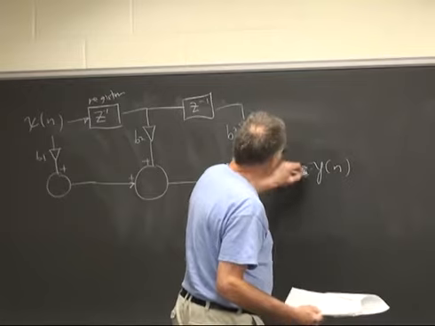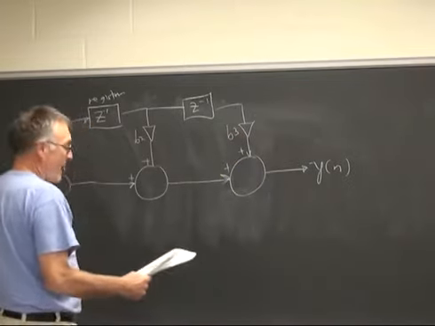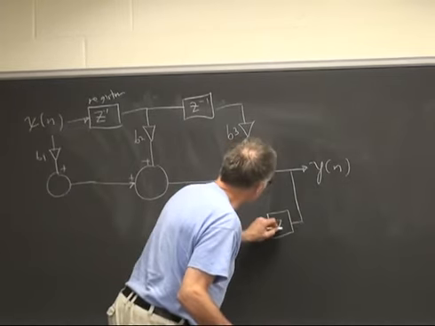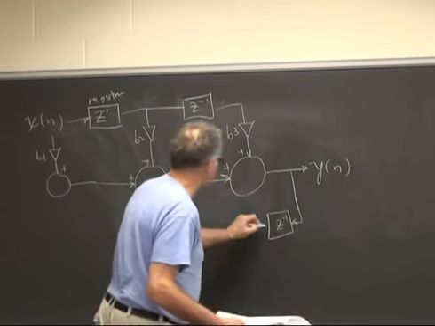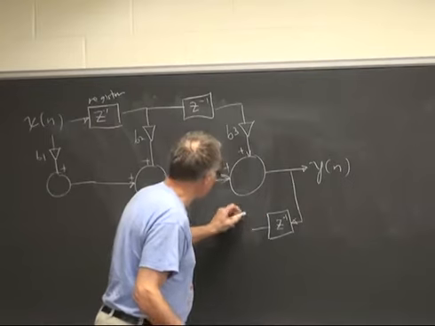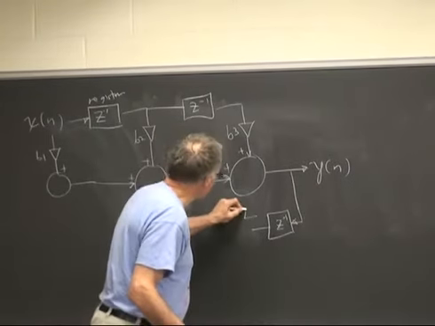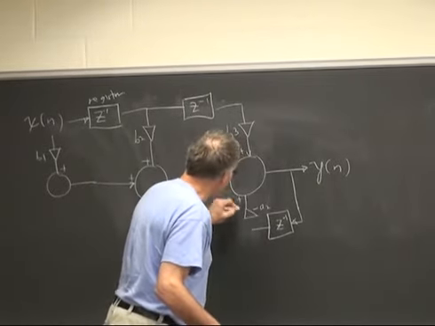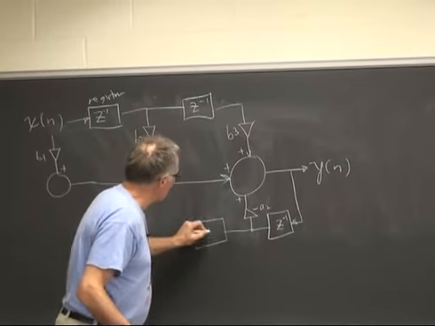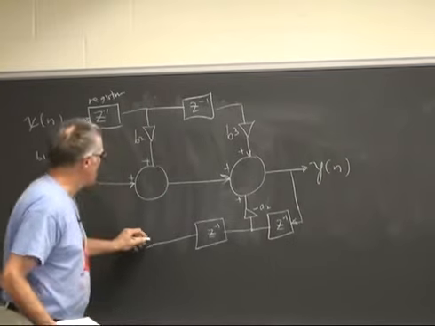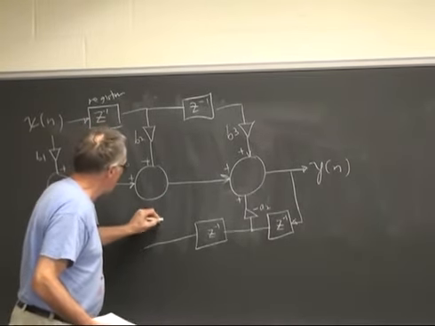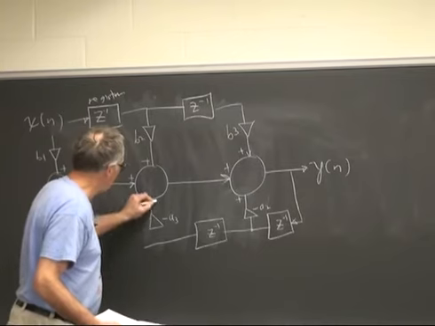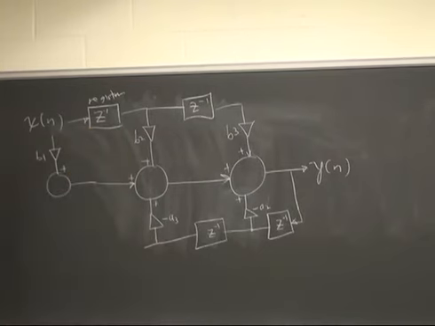The output is going to be yn, but we need to feed this back through a delay, a register, which is then going to be multiplied by minus A2 and added in, followed by a register, minus A3 and added in, and so on.